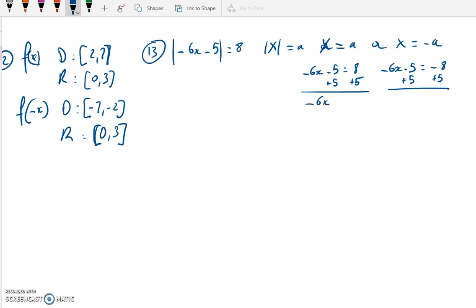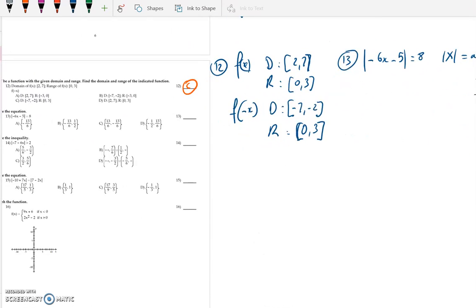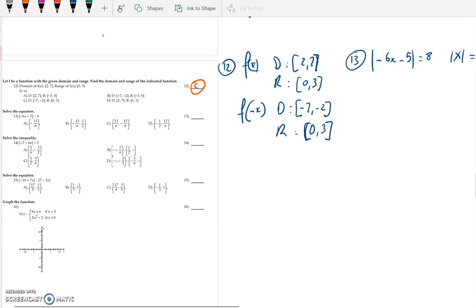Now I'm getting negative 6x equal 13 and negative 6x equal negative 3. I divide by negative 6 both sides. And I end up with x equal negative 13/6 or x equal negative 3 divided by negative 6 equal 1/2. So when I look at my answers, I'm supposed to find negative 13/6 and 1/2, and the answer is going to be B.